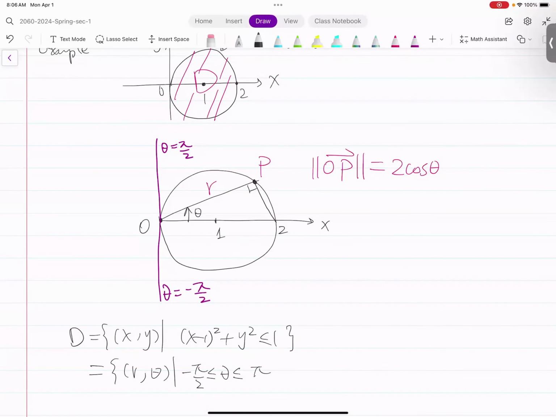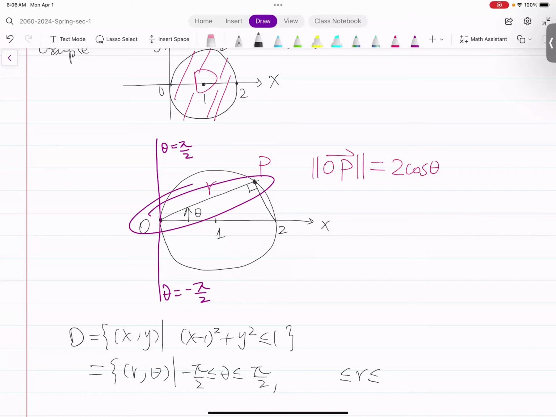So theta is between negative pi over 2 and pi over 2, because of the rotation that you can get for these rays going out of the origin. But then r has to cover everything on this adjacent edge of the triangle.